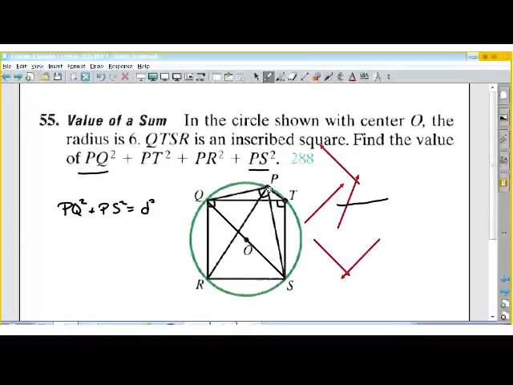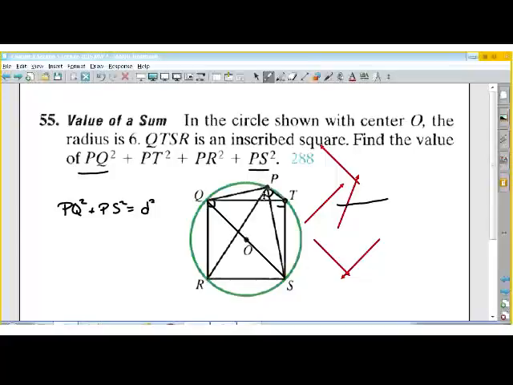And then I need PT, which is this, and PR, which is that. So that's the other right triangle, actually. Again, you can draw a line from T to R that goes straight through the middle. So this is 180 degrees. Therefore, this angle right here is 90 degrees.